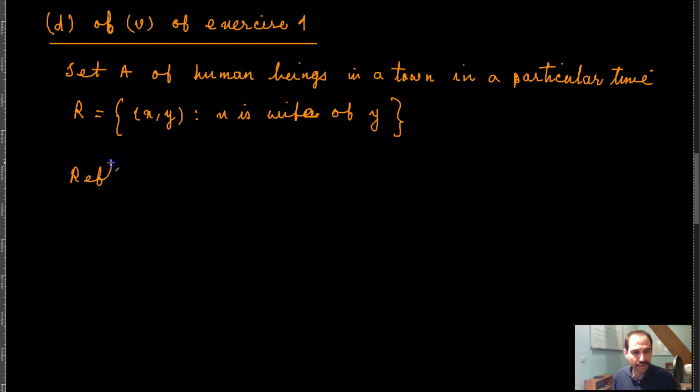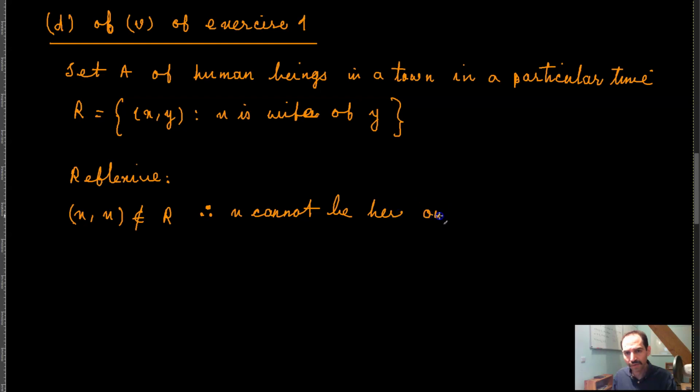Now if you want to know if R is reflexive, then of course you know that (x, x) does not belong to R, because x cannot be her own wife.